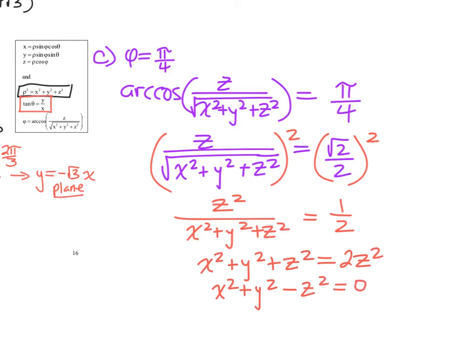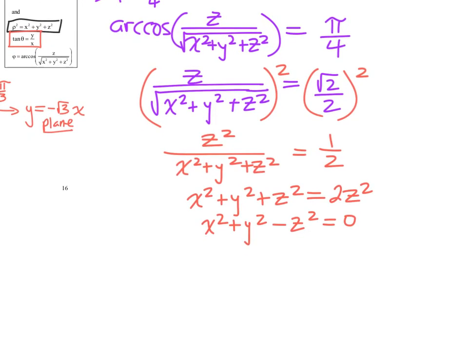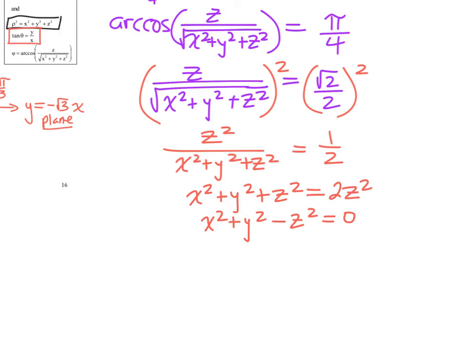That may not be instantly recognizable, although if you make some headway in that tech assignment, it starts becoming more recognizable. We have talked about this before, but what I'm going to do is solve it for z in terms of x and y. So if I move the z squared to the other side, I'm going to get this.